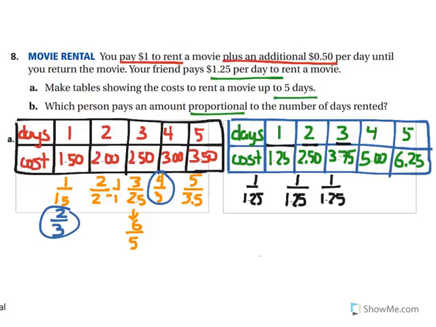So at 0 days, it costs $0. So I guess for part B, we can go on and say, your friend pays an amount proportional to the number of days rented. And this is how we can prove it. Okay? I hope this makes sense.